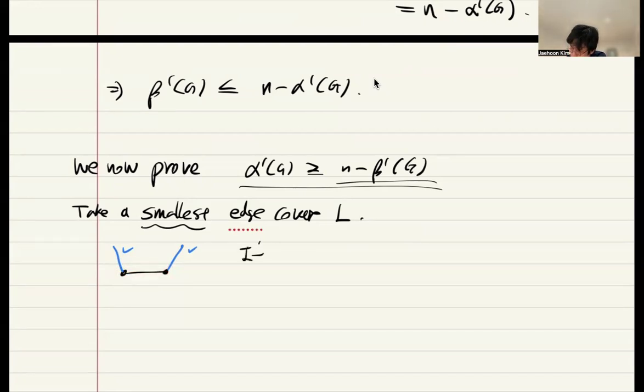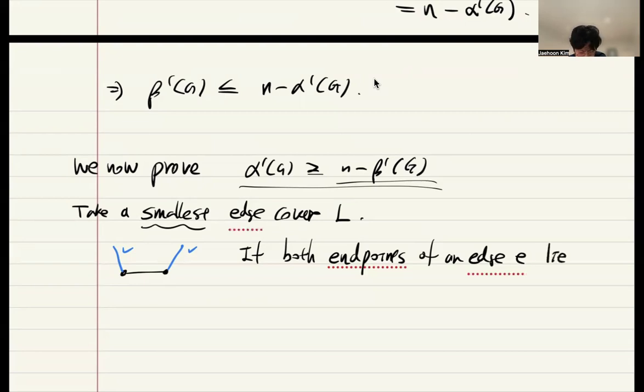So if both endpoints of an edge e are already covered by other edges in L, then L minus e is a smaller edge cover.